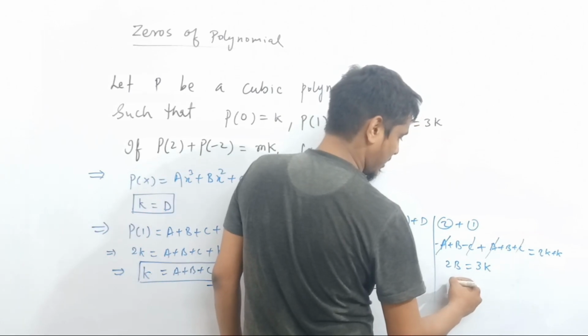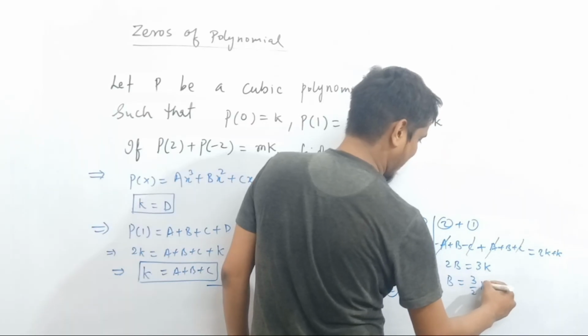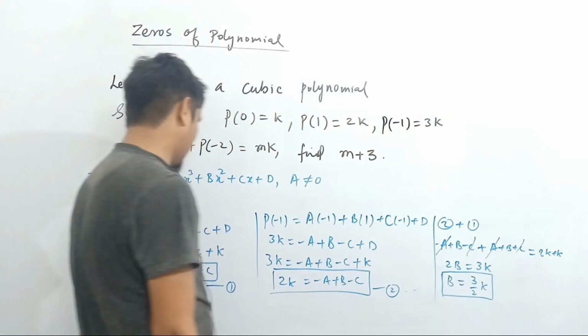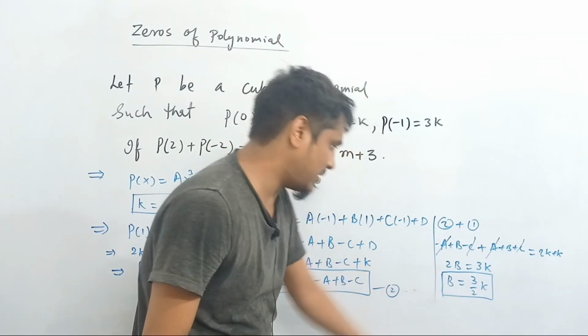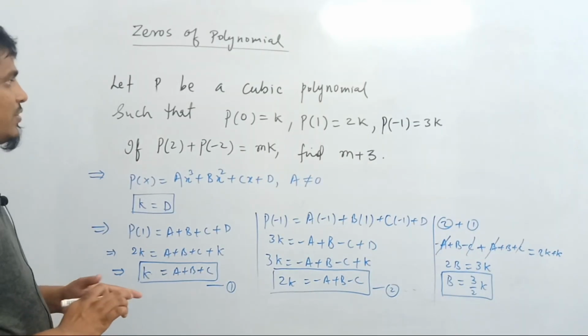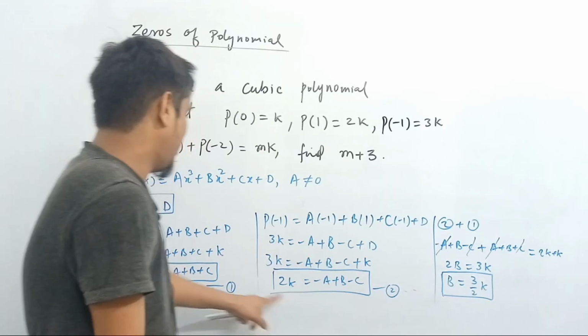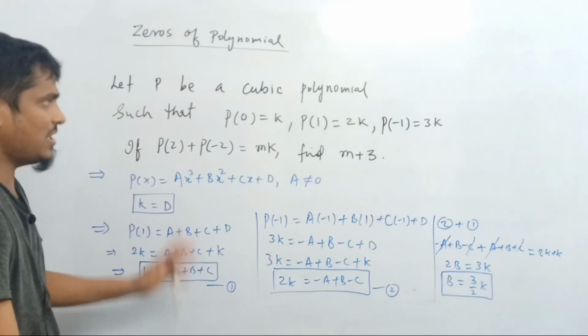From this we are getting b is equal to 3 over 2 times k. So now we got the value of d, which is k, and the value of b, which is 3 by 2k. Further, if we substitute the value of b in these two equations, after solving we'll get the values of a and c, but which is not required over here.